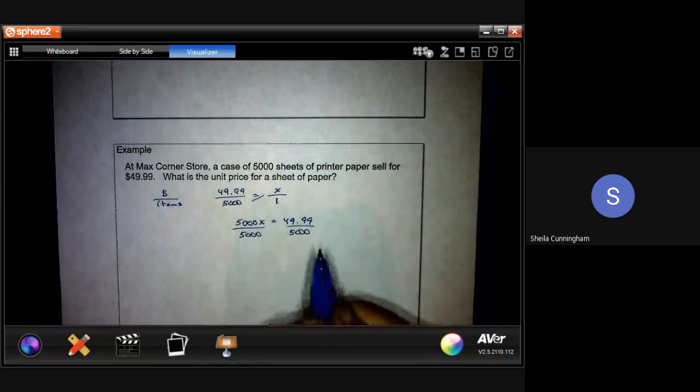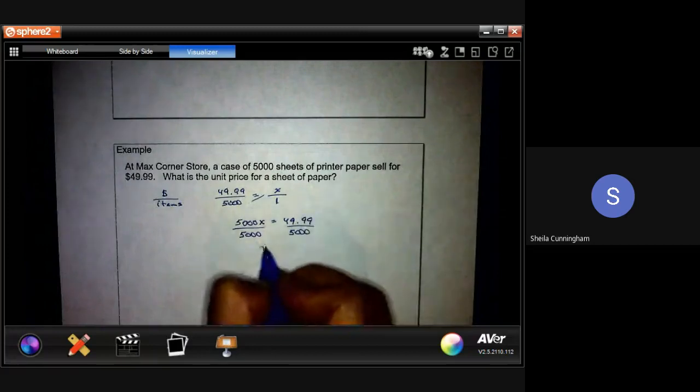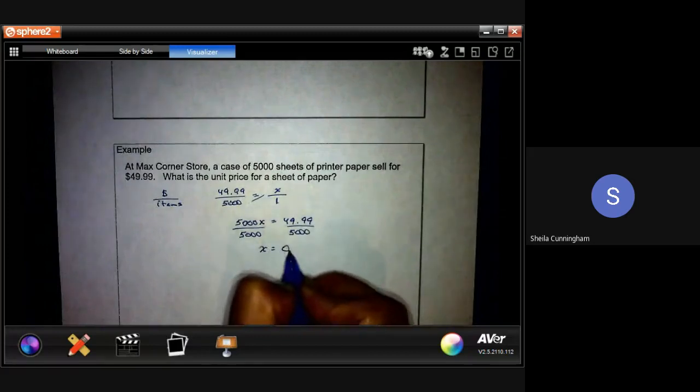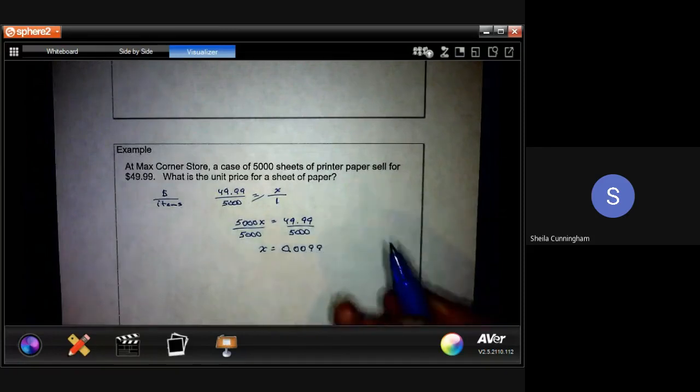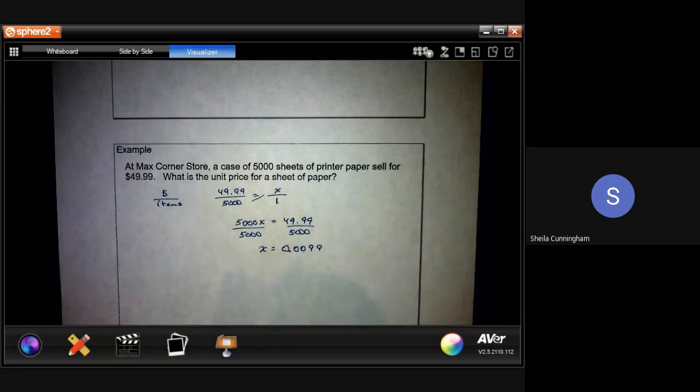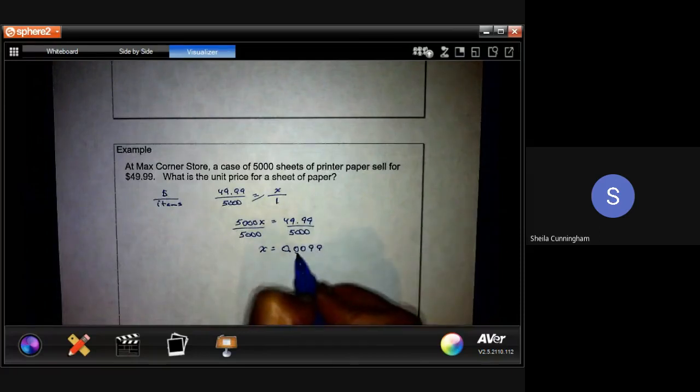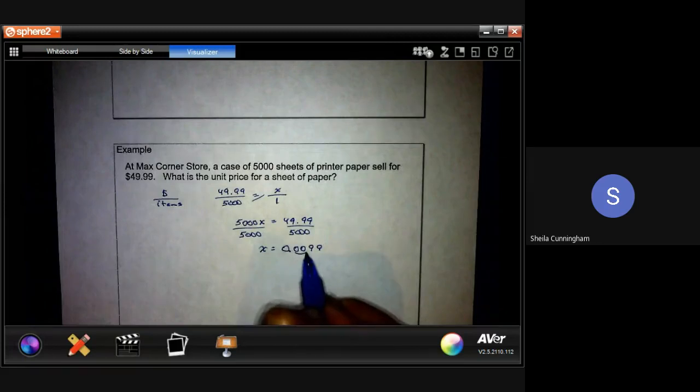If I take 49.99 divided by 5,000, I get 0.0099. Same thing, we're talking dollars and cents here, so 2 decimal places. Both of those decimal places are zeros, but I go to the third one and find that it is larger than 5, so that bumps up by 1.